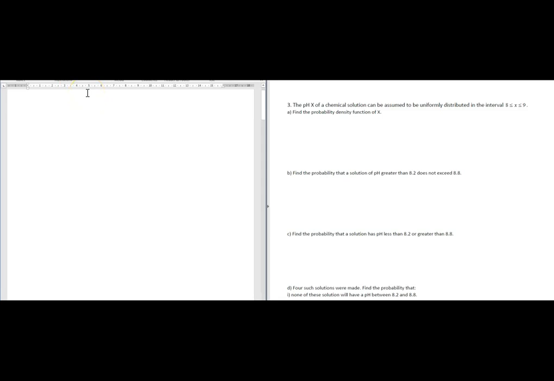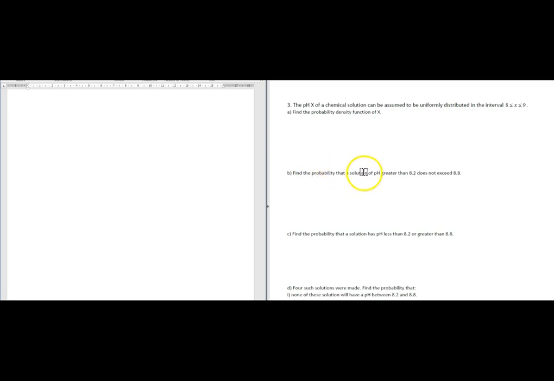Okay, next let's take a look at question 3b. This is also another question selected from the manual. Find the probability that a solution of pH greater than 8.2 does not exceed 8.8. From this question, can you tell me which one is the condition? Remember, the condition is normally, or in most cases, something that must happen first.